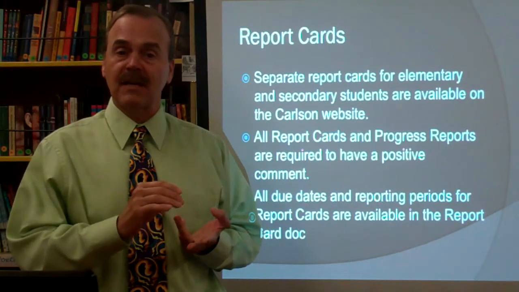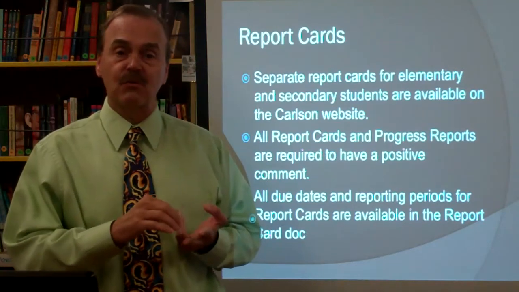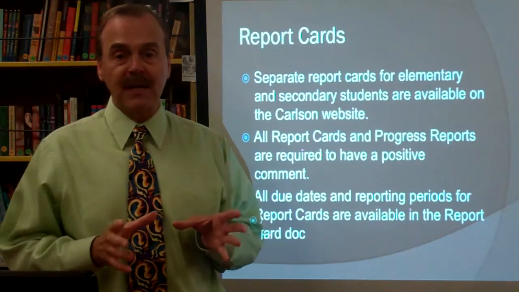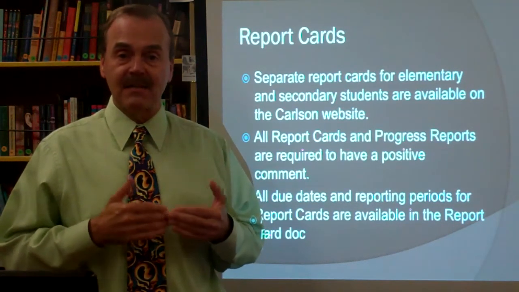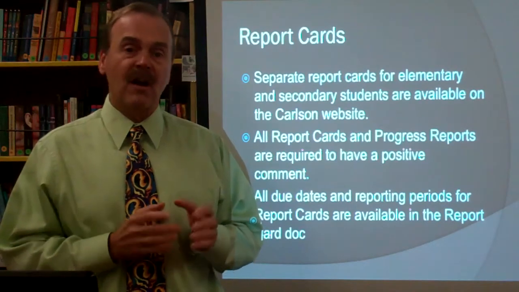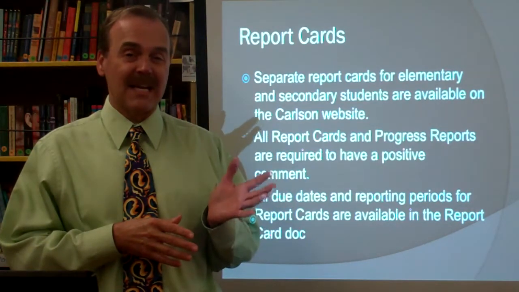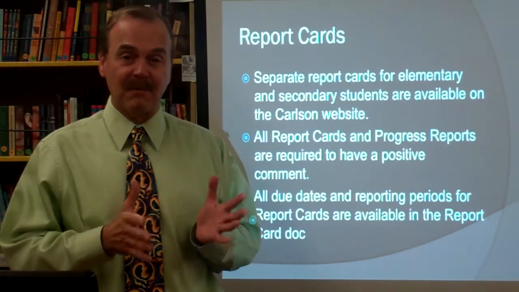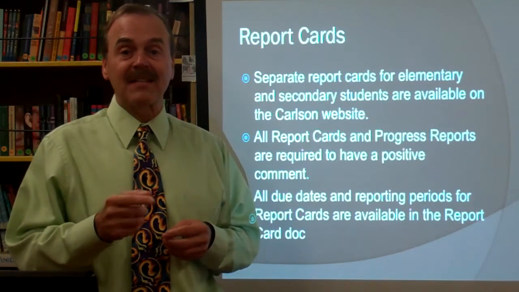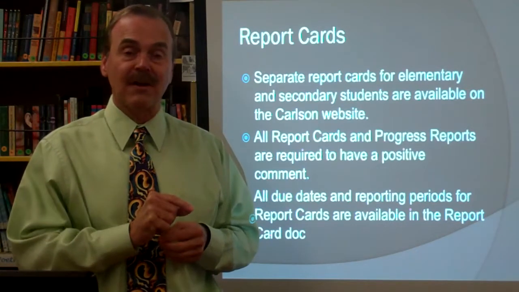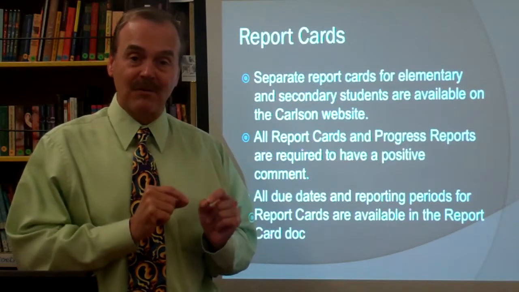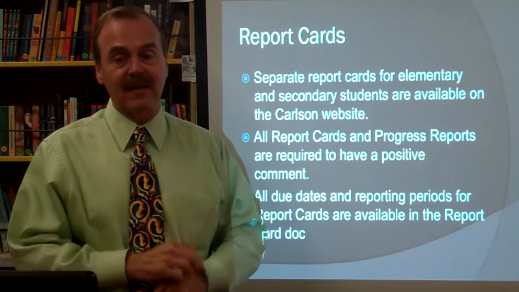Secondary students are students who are in grades 6 through 12. Now, in most places in the district, that is standard. But there are a few schools where you might have an elementary school that is a K through 6 type of configuration, and they consider their 6th graders elementary, but we consider them secondary.